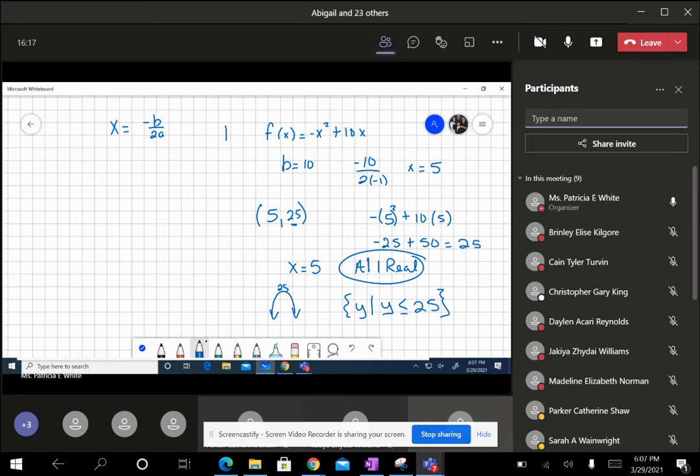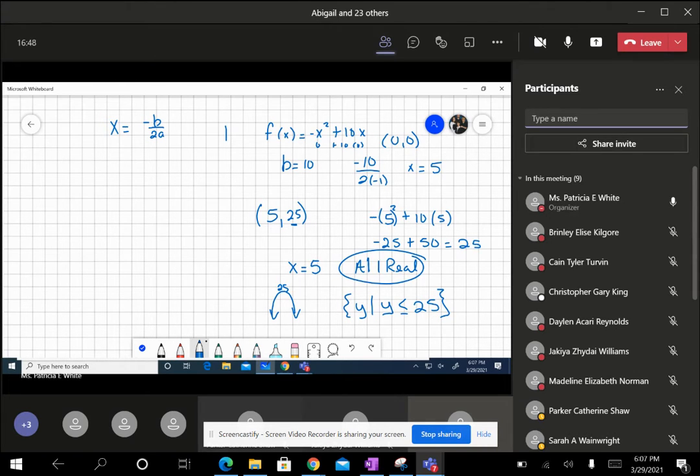What would my y-intercepts be on this problem? How do you find your y-intercept? Who has to be 0 if you're looking for the y-intercept? X is 0. So if my x is 0, then I have 0 plus 10 times 0. So my y-intercept would be 0, 0, right?